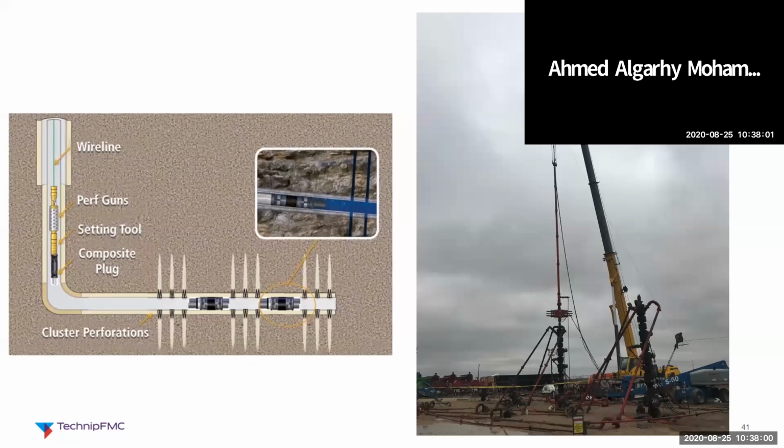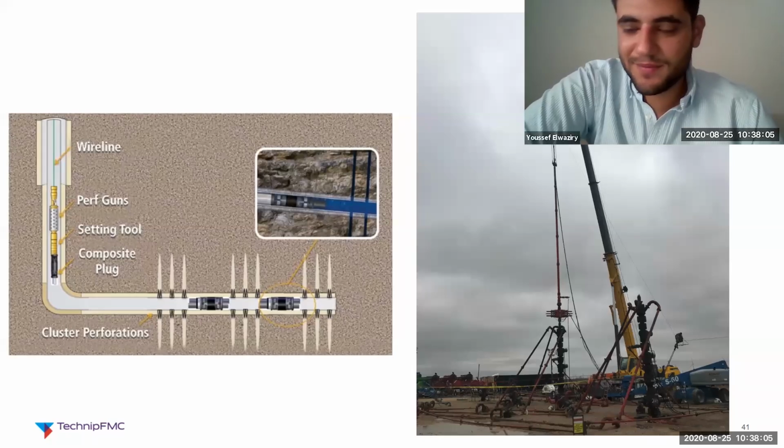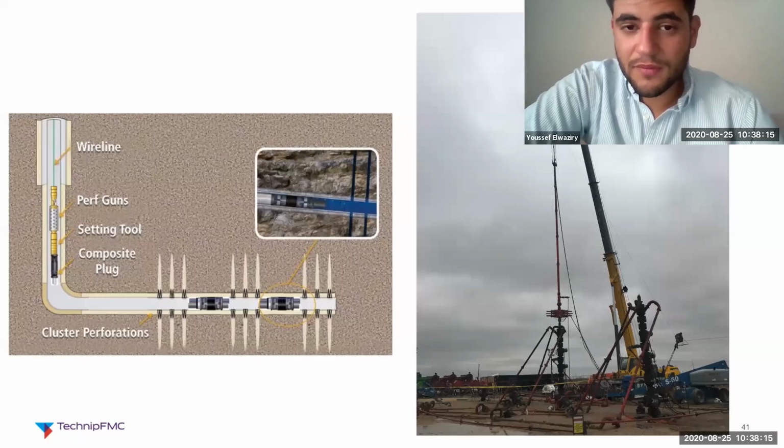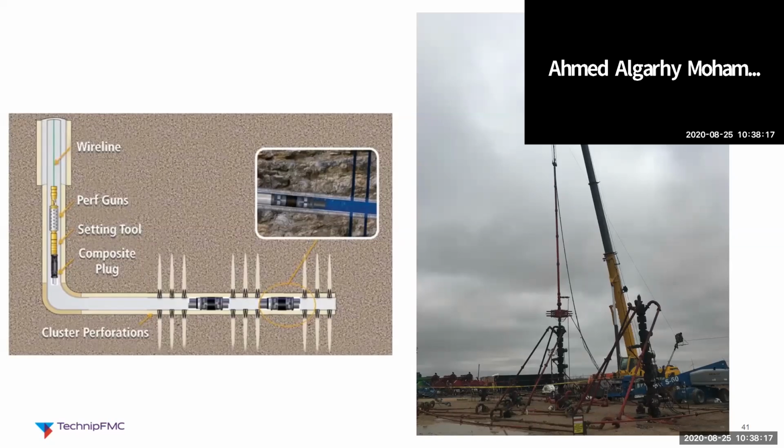If you don't mind, I can share some answer for this question. Please. Okay, the standard is that we drill all horizontal wells parallel to the minimum horizontal stress, because by default the hydraulic fracture will be perpendicular to the least stress.